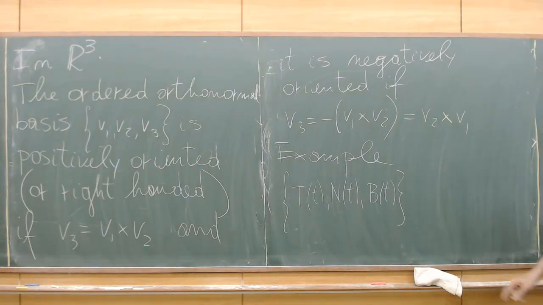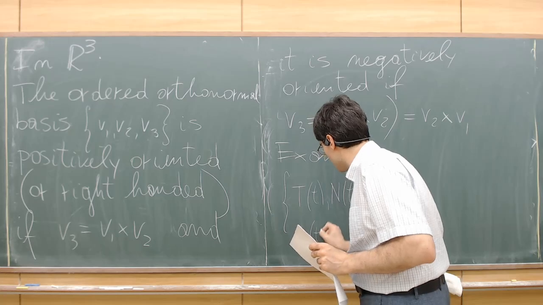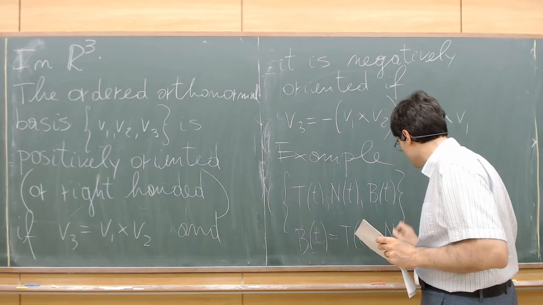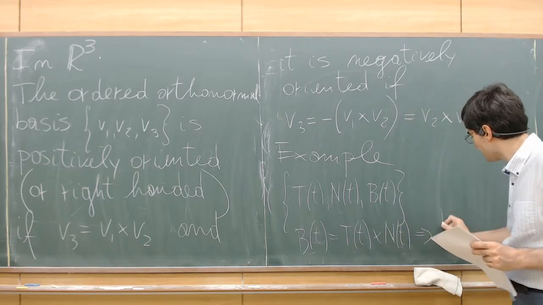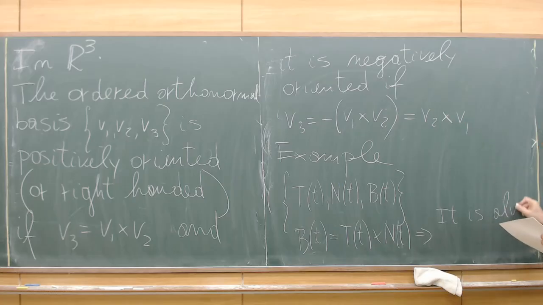We know that B of t has been defined as the cross product of T and N, so it is always positively oriented.